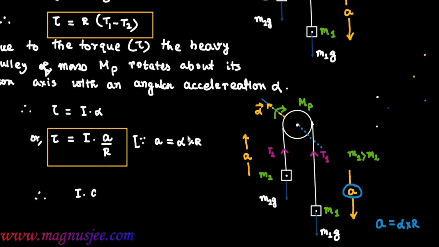Comparing these two expressions of torque tau, we get I a by r equals r times (T1 minus T2).